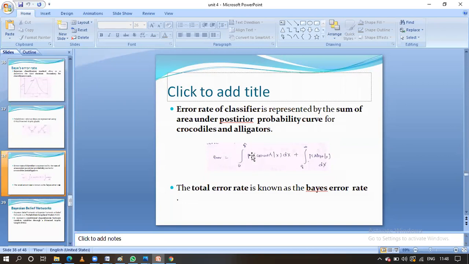The posterior probability curve for the crocodile plus the posterior probability curve for the alligator is the overall error rate. This is the formula for that, guys: overall error is the summation of posterior probability curves for crocodile as well as alligator. We will get the overall total error rate, which we call the Bayesian error rate.